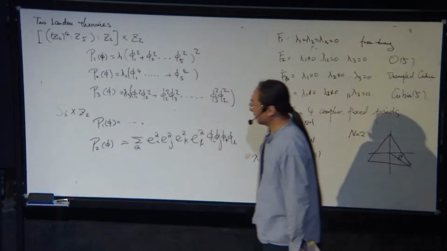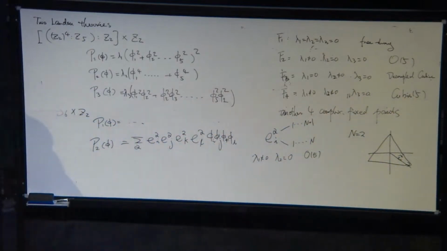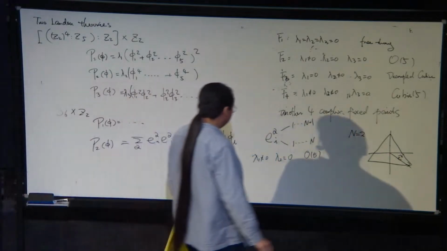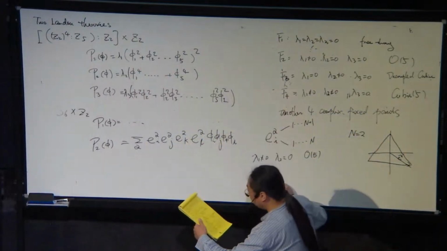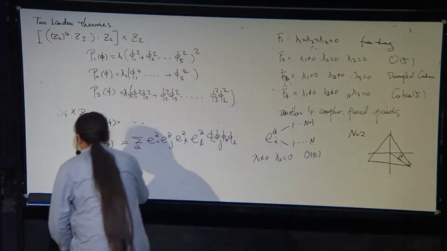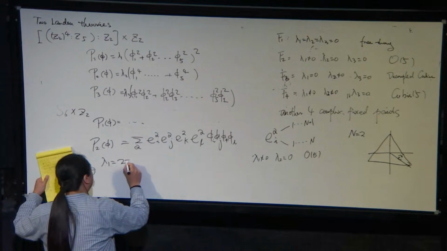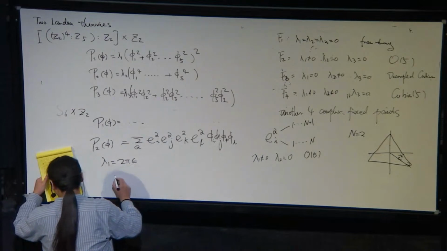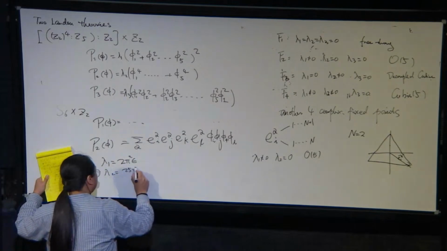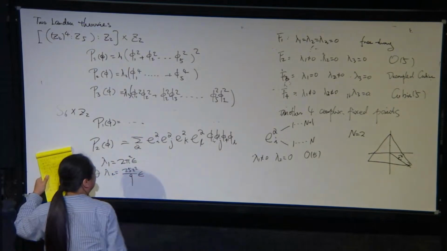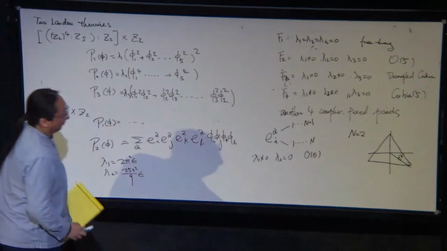So as promised, I'm looking at the smaller symmetry, so I should be able to find all the fixed points with higher symmetry. And the third one you find, there is a fixed point with lambda 1 equal to 2 pi epsilon squared, lambda 2 equal to 25 pi squared or 9 epsilon. And you only find 3.